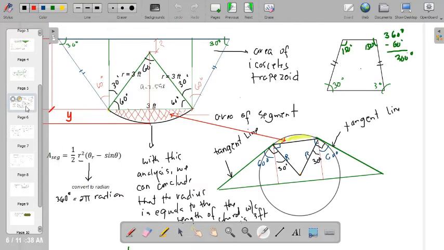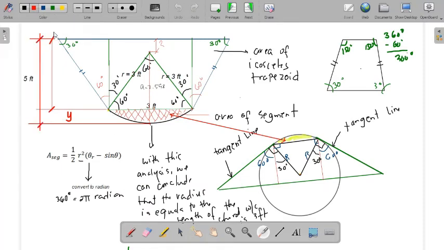Okay, now let's see how we can solve this problem. Since we are trying to get the trapezoid and the segment, we have to utilize the r.